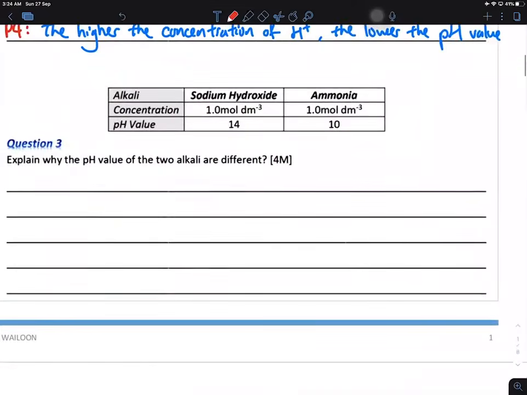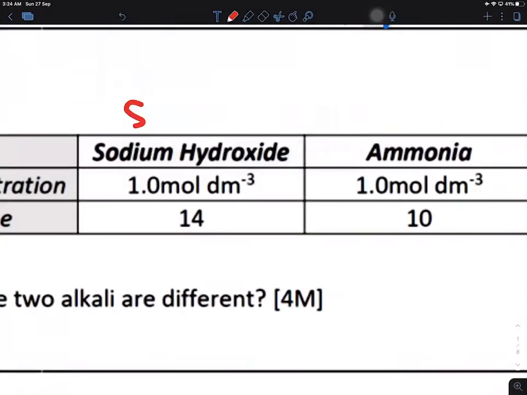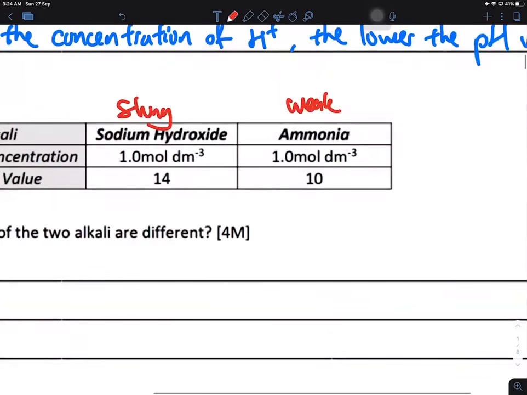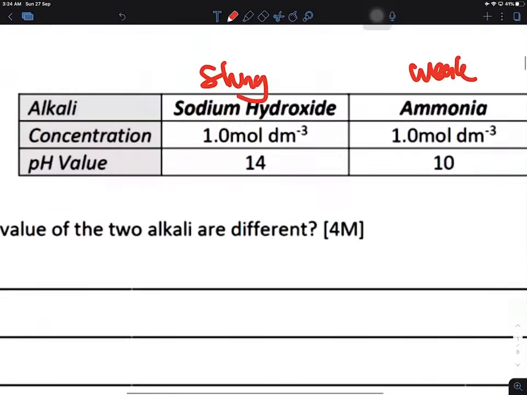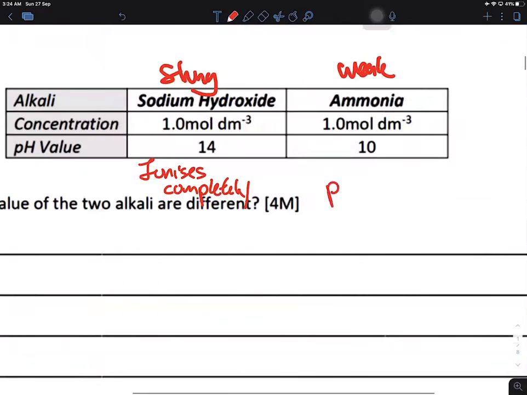And then this question I skip because it is the same. Just that you change sodium hydroxide to a strong alkali, and this is a weak alkali. Strong alkali ionizes completely, and this one is partially.